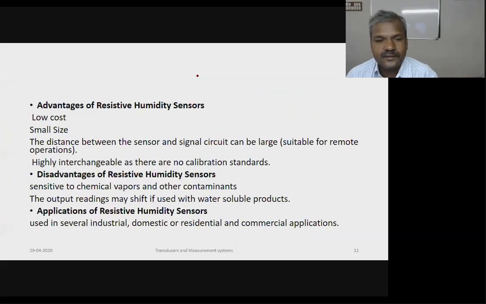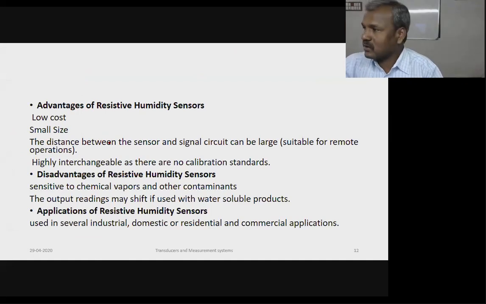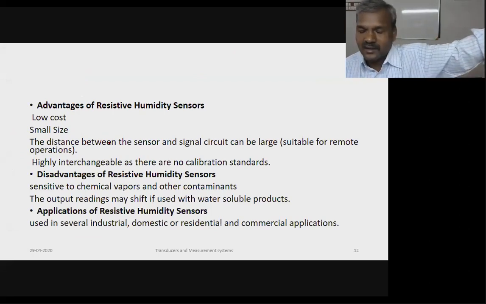The advantages of resistive humidity sensors, hygrometers, are low cost and small size. These sensors can be used for long-range transmission, because we can keep the probe in the environment.